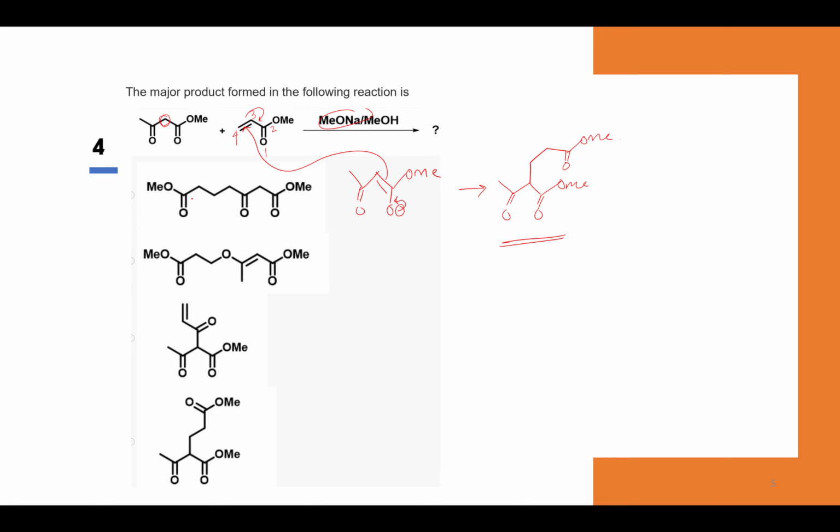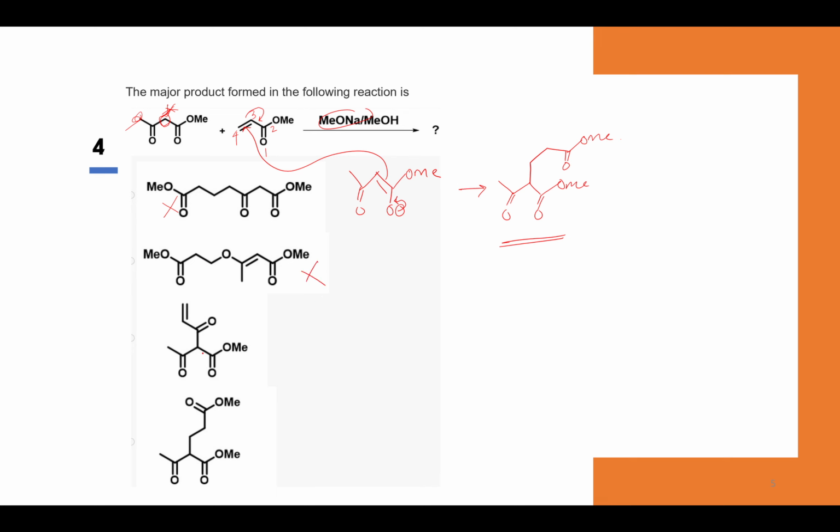So which one is the correct option? In the first option, enolate formation is taking place on this carbon. All of you know that this methylene is more active, not this one. So that's why this is an incorrect option. Now talking about option number 2, here this OMe is forming a nucleophile and attacking on the alpha beta unsaturated ketone.